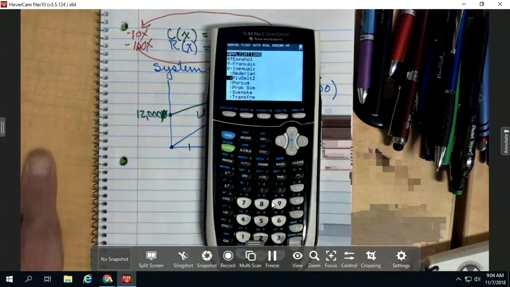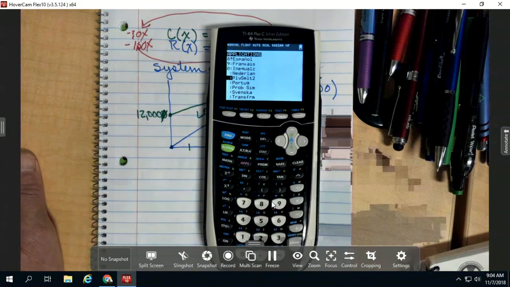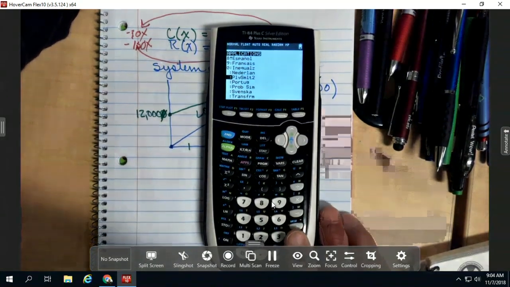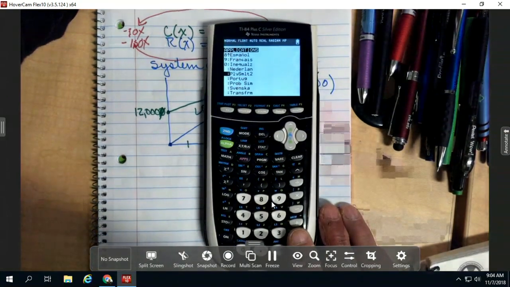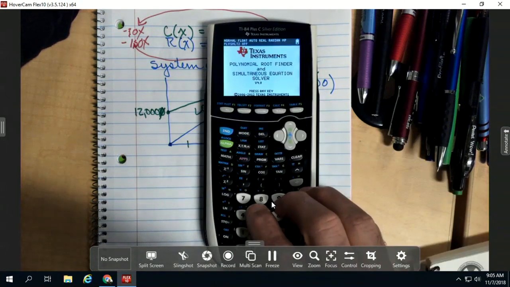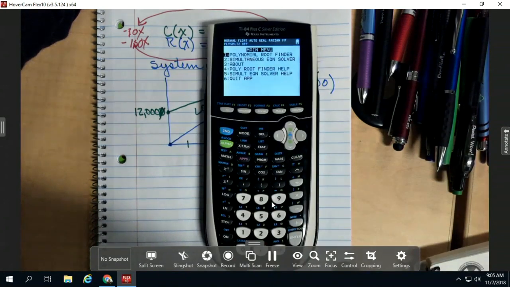Does anybody not have PolySimul 2 on their calculator? You have an older version, probably. Marlene, do you have a graphing calculator? Jess, do you have a graphing calculator? Okay. On my phone, I have an app. All right. Enter. It says press any key to continue.